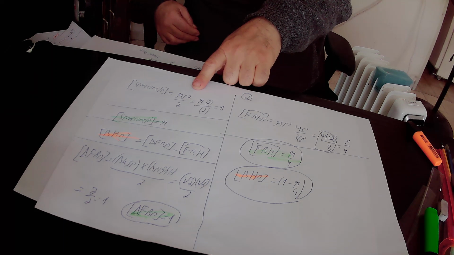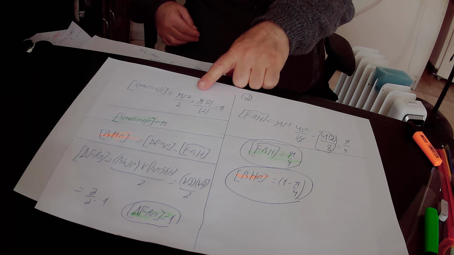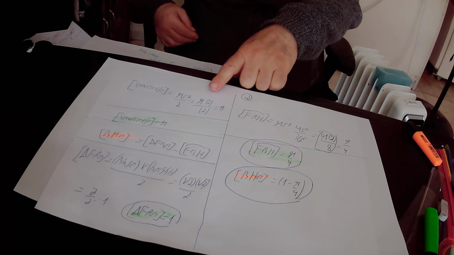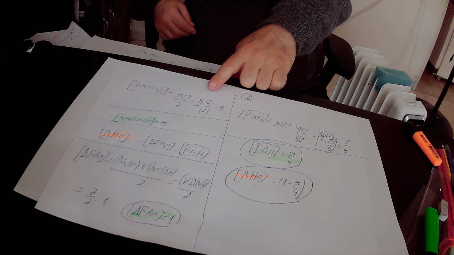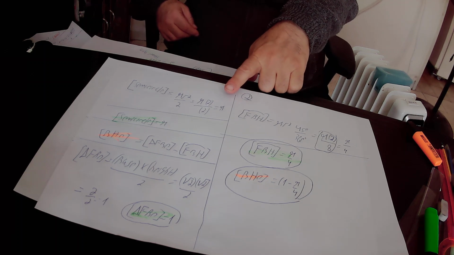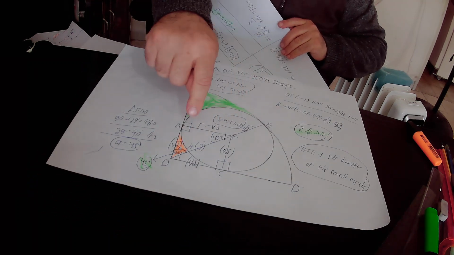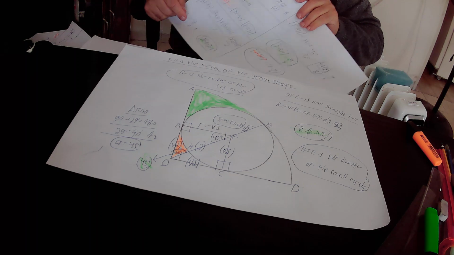And therefore the area of the small semicircle will be equal to pi r squared over 2. r is equal to the square root of 2, therefore r squared is square root of 2 squared, that is 2. So in total, the area of the small semicircle equals 2 pi, that is the area of the small circle, over 2. 2 over 2 is 1, so we are left only with pi. In conclusion, we found out that the area of this small semicircle is equal to pi square units.